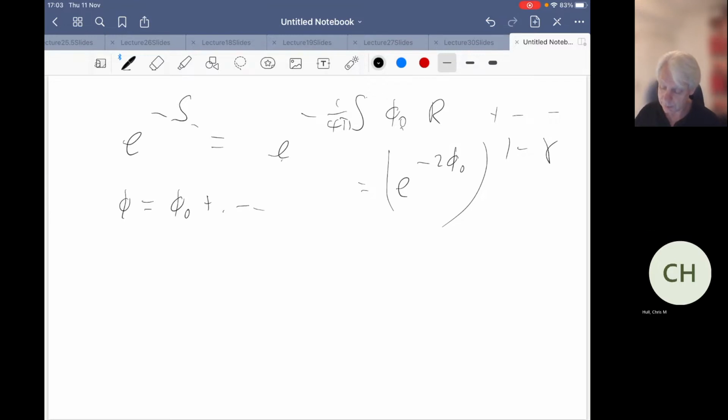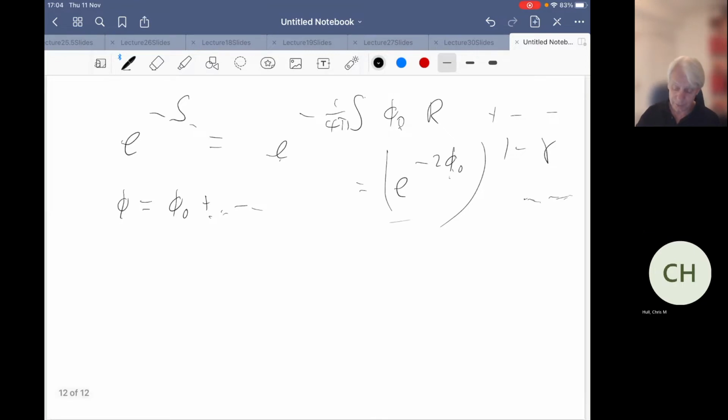So this term is that times the terms which come from the other fields, from the non-constant parts of phi and the other fields in the theory. But if we look at the phi 0 dependence, it comes with a factor like this.